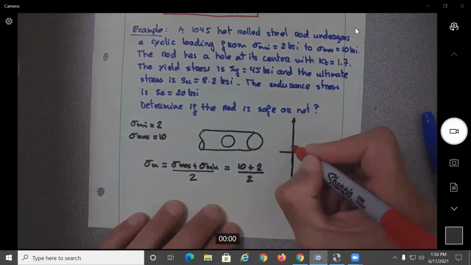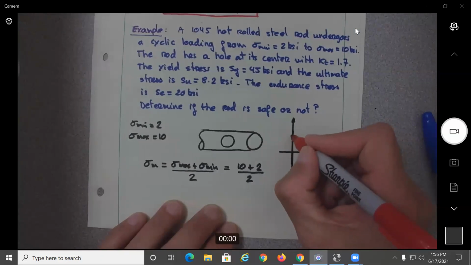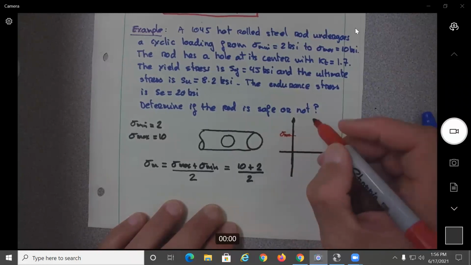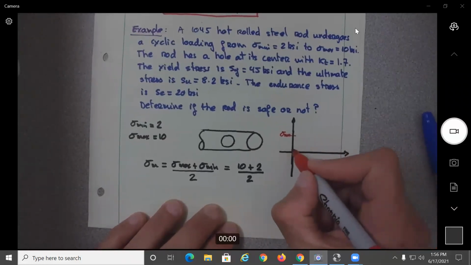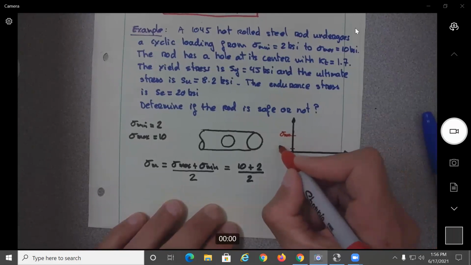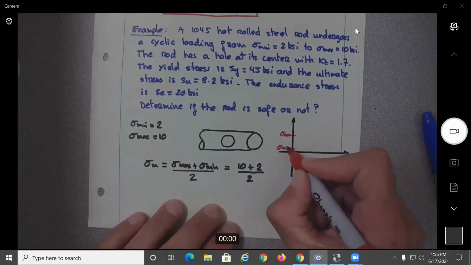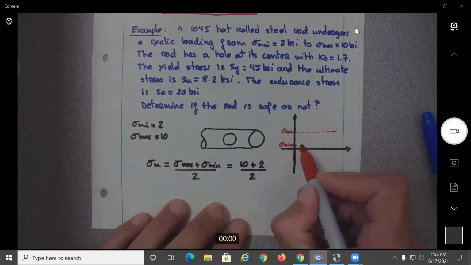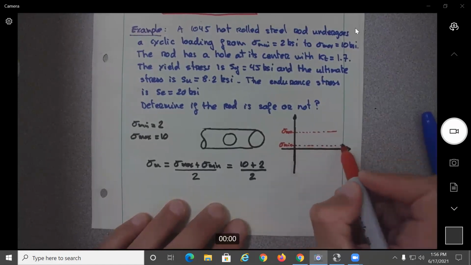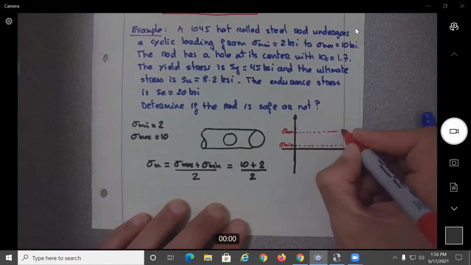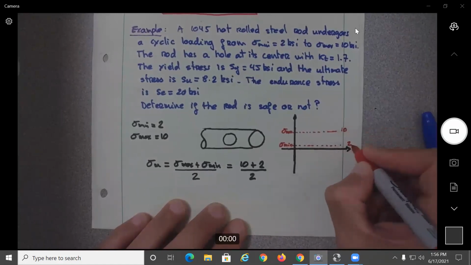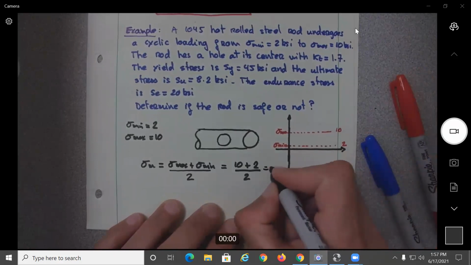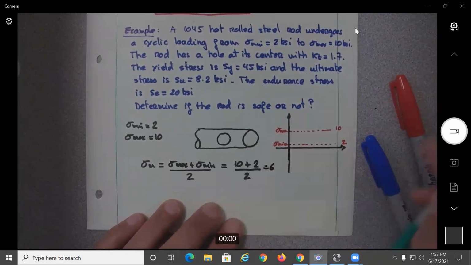This will be the sigma max, and this will be the sigma minimum. So this is 10, 2. So the mid-range is 6.